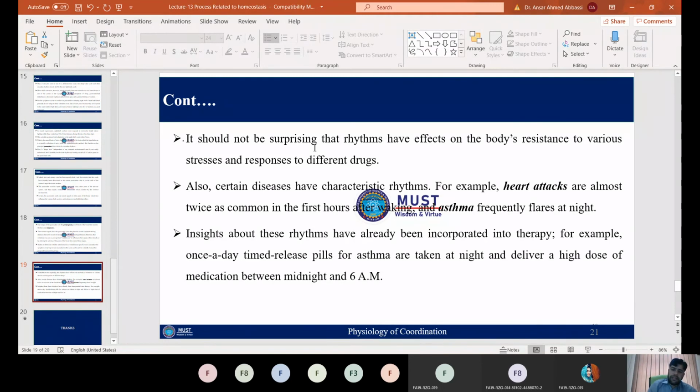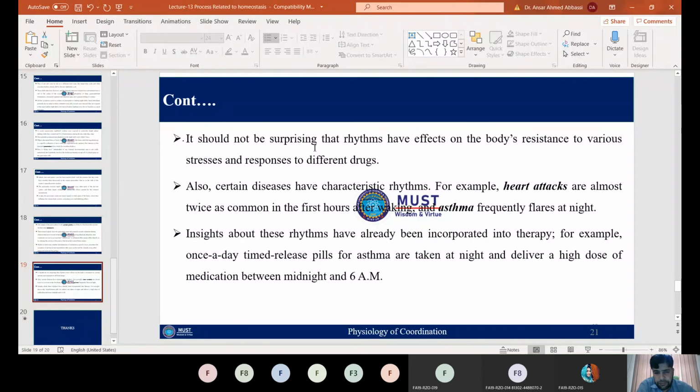And asthma mostly flares at night. You must have seen that asthma patients mostly have problems at night. Similarly, most people suffer from heart attacks, which are twice as common in the first hours after waking. And similarly, asthma shows rhythmical activity, and it is more common during the night time.